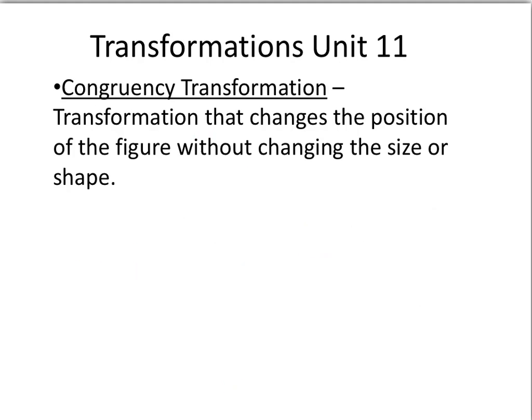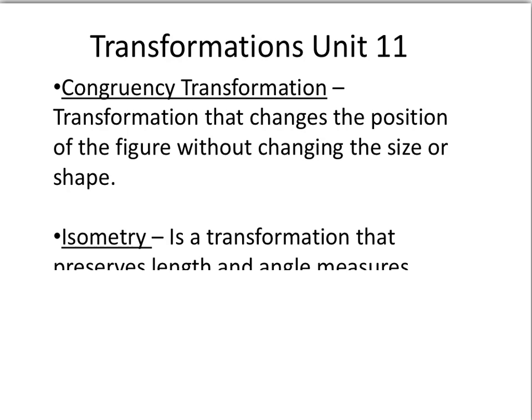A little more vocabulary. A congruency transformation is a transformation that changes the position of the figure without changing the size or shape. That should make sense because that's what congruency meant: the size and the shape were exactly the same. Now, a more geometric name for that is isometry, which is a transformation that preserves lengths and angle measures.